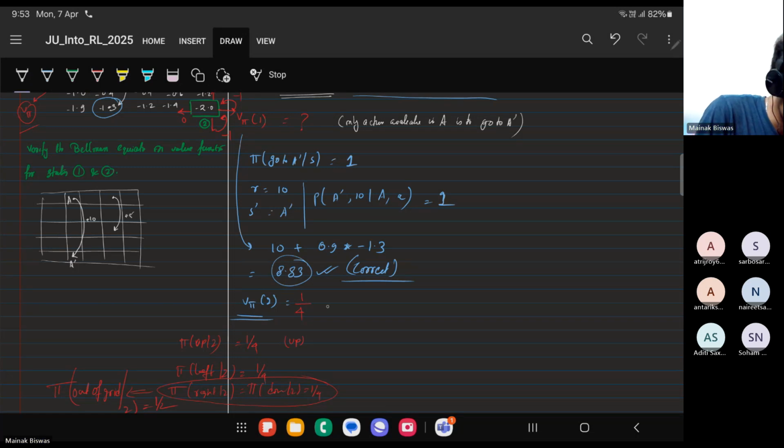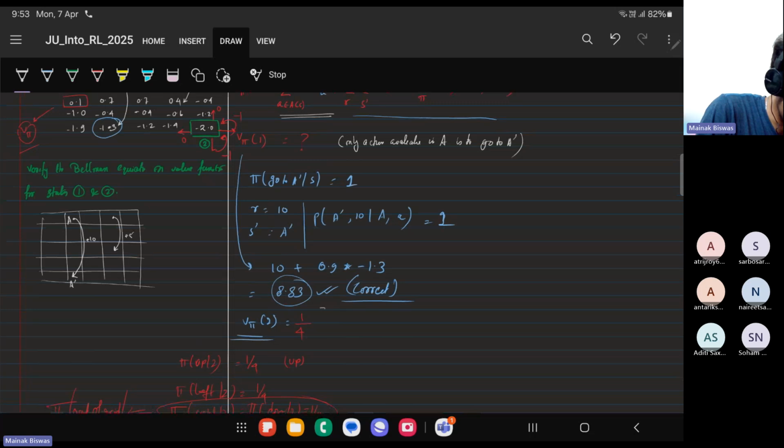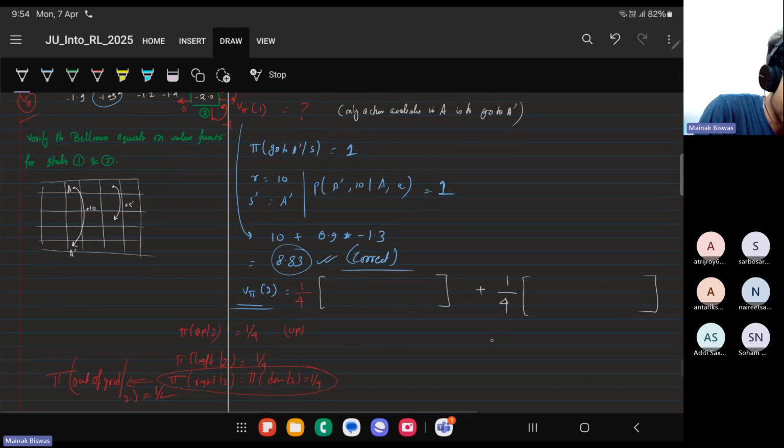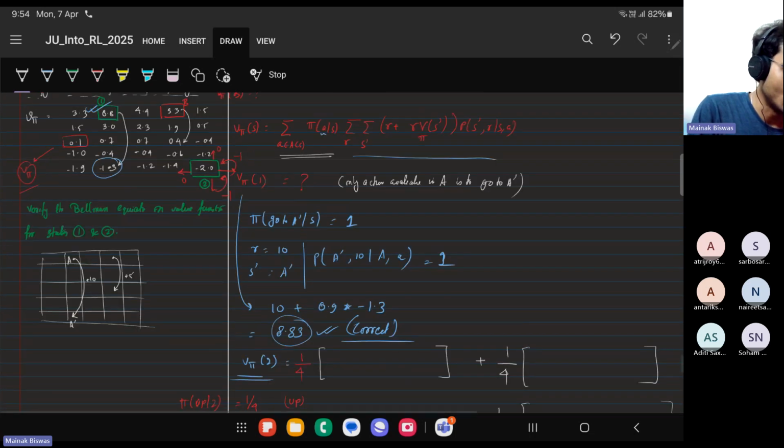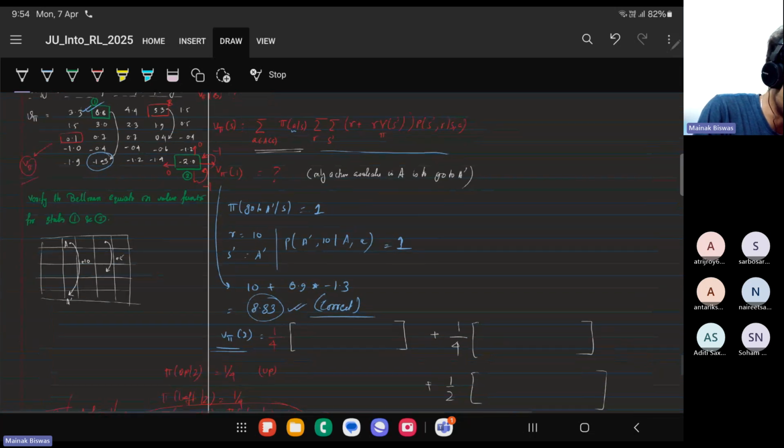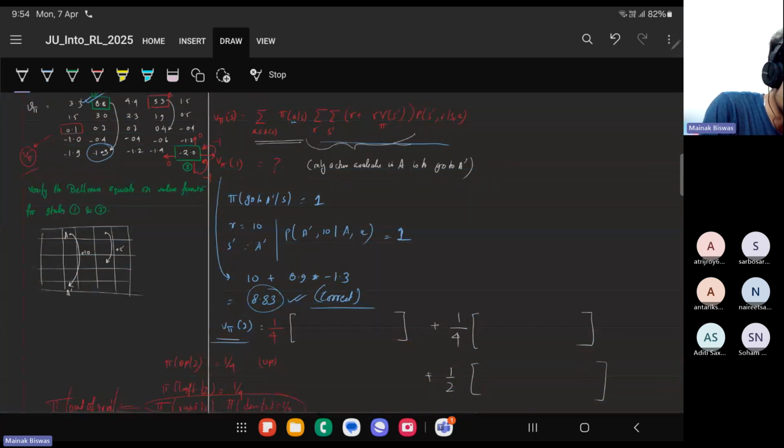So now 1/4 is the probability. I'll write down something here. And half is the probability for going out of the grid. Okay. So now the inner summation in the Bellman equation, what will it turn out to be? There is no stochasticity here, right? So you're just going to one state.